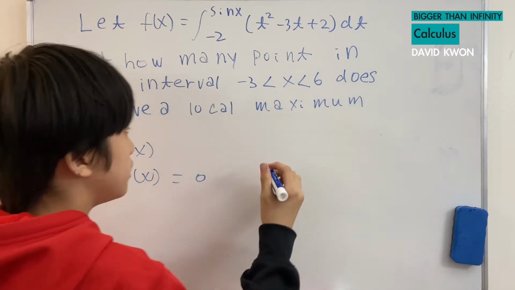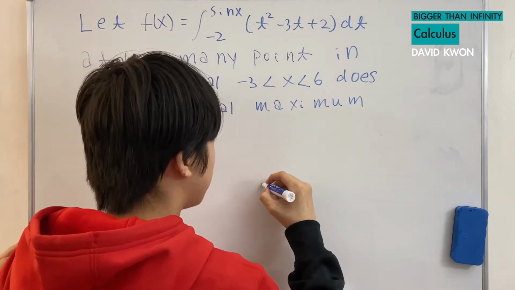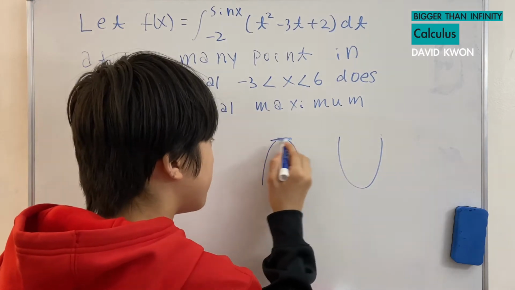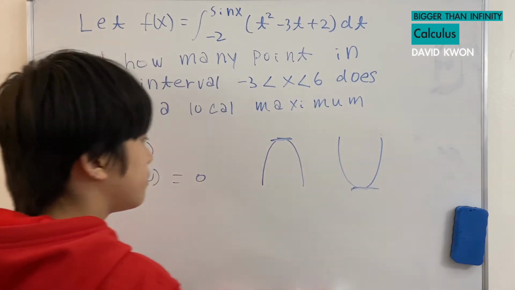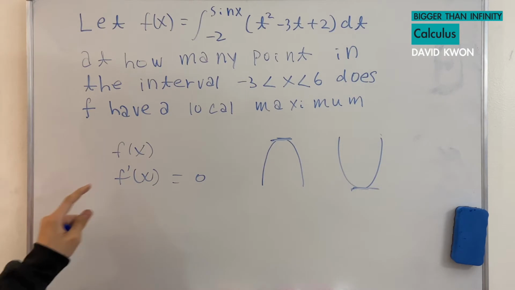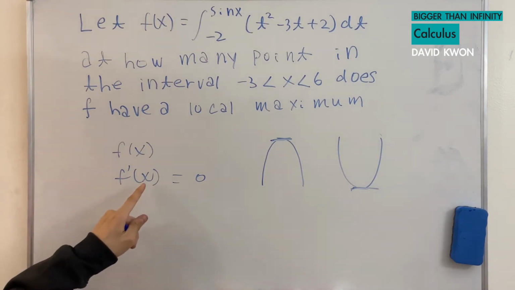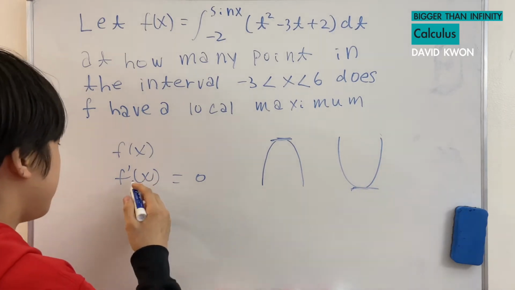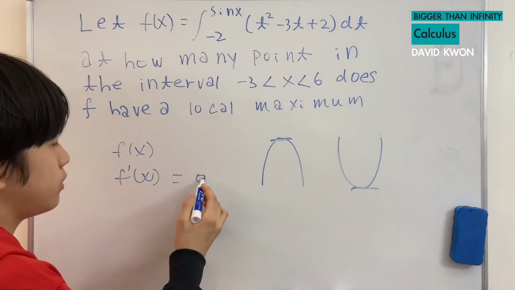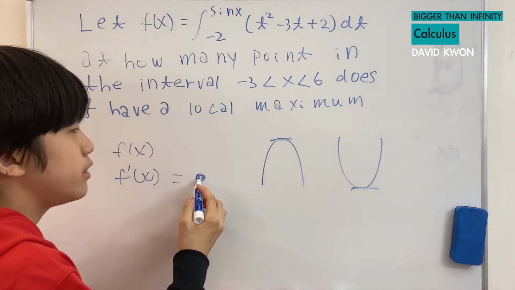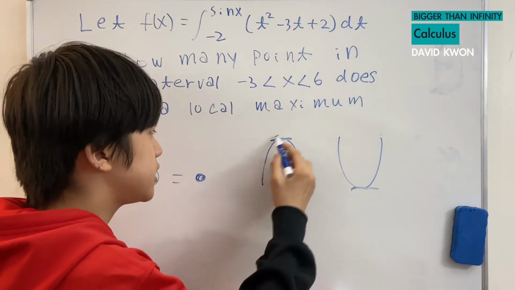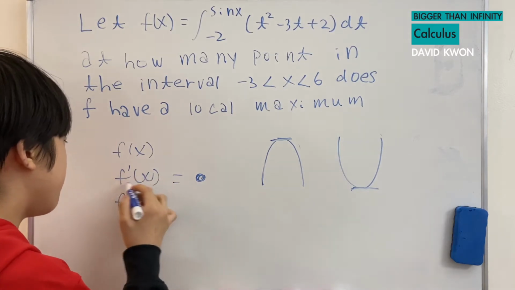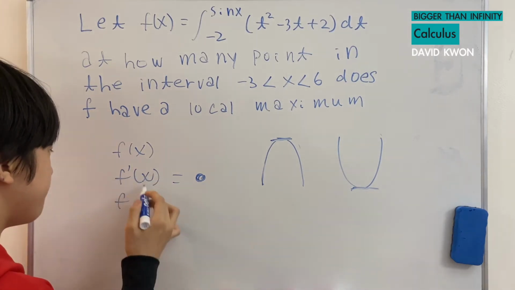Because every local maximum and local minimum always has a slope of 0. When we find where the slope is 0, at what point of x, that's great. But after you get 0, you're not done yet, since you don't know if it's a local maximum or minimum. That's why you need to take the derivative of this function one more time.